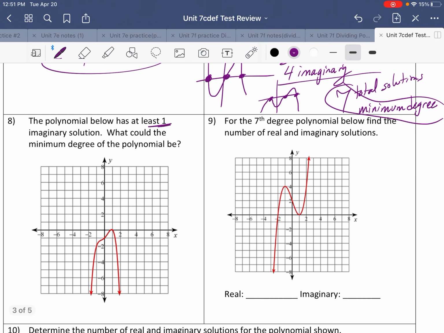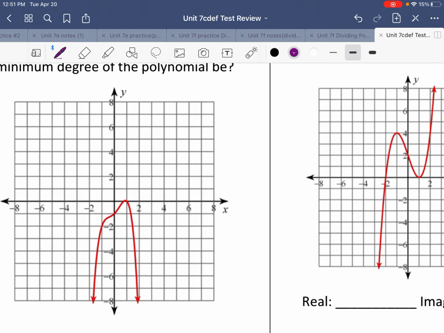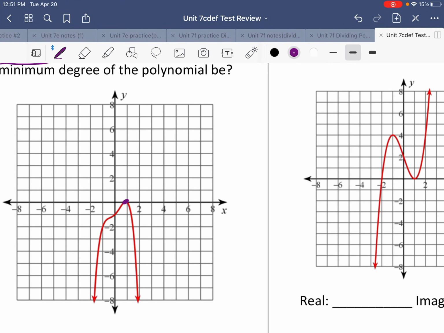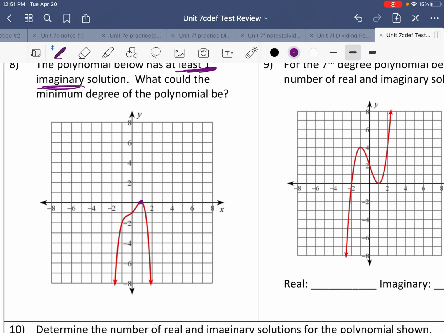Polynomial has at least 1 imaginary, so they cannot have 1, so it's really at least 2 because it's got to be even. We got to look at whether you say it's 1 solution or 2. If it's a max there, then it's 2. If that's a maximum point, that's a unique solution that counts as 2 solutions. We count it twice. Or you could think that it crosses twice.